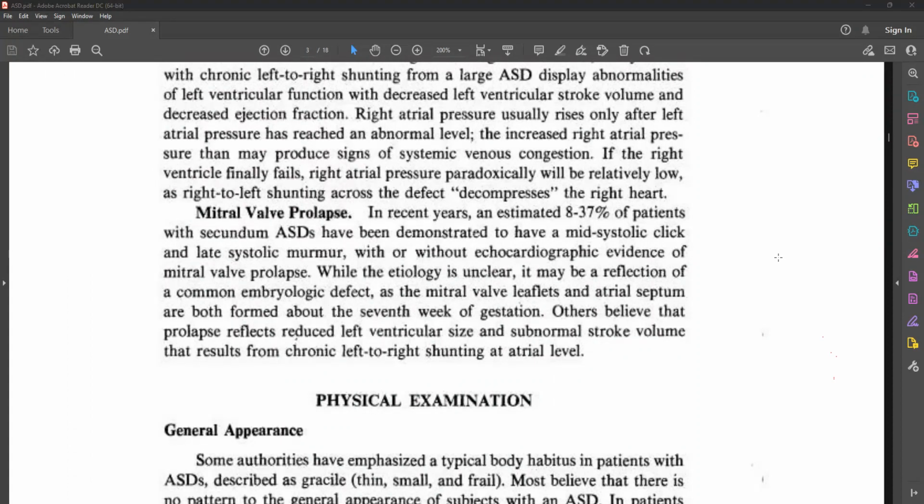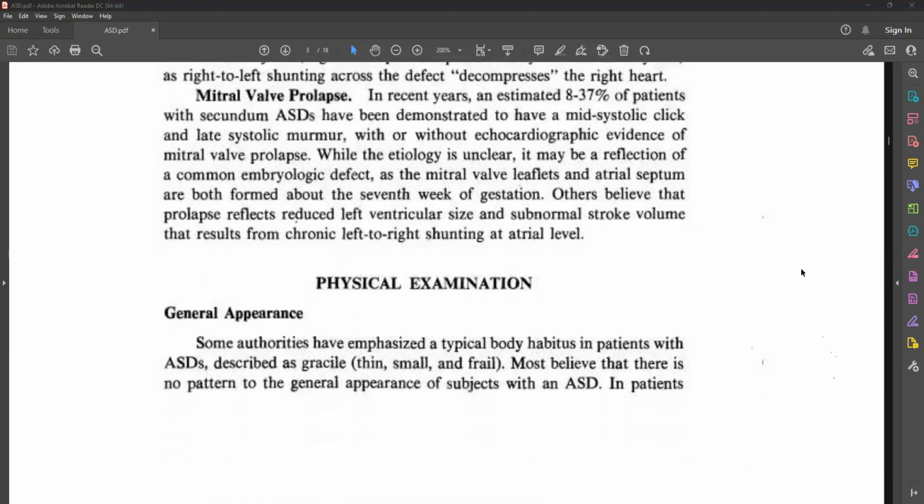Most cardiology books have not really accepted the concept of a common embryonic defect. When there is an endocardial cushion defect, you will get a regurgitant lesion, more so of the tricuspid valve and also the mitral valve, depending on the extent of the lesion. Generally, the association of mitral valve prolapse with atrial septal defect is not well accepted.